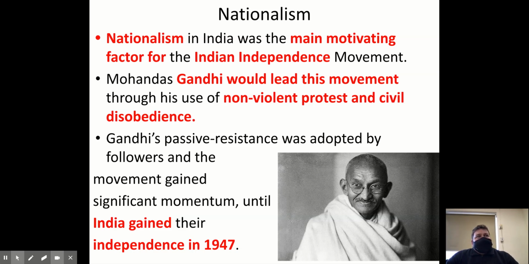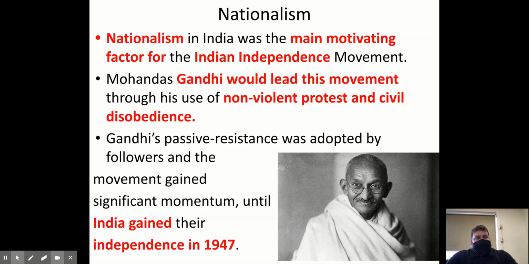Long story short, eventually India is going to gain their independence from Britain in 1947. Now, I would love to tell you that Britain grants India independence because they are so emotionally moved by Gandhi and all of his protests and civil disobedience, and they really start to come around to the humanitarian aspects of why India should be independent, but that's just simply not true. If you think about the time, 1947, this is 2 years after the end of World War II.